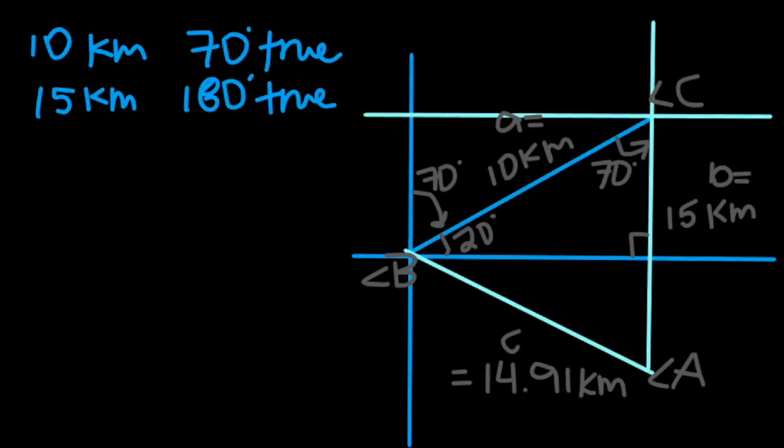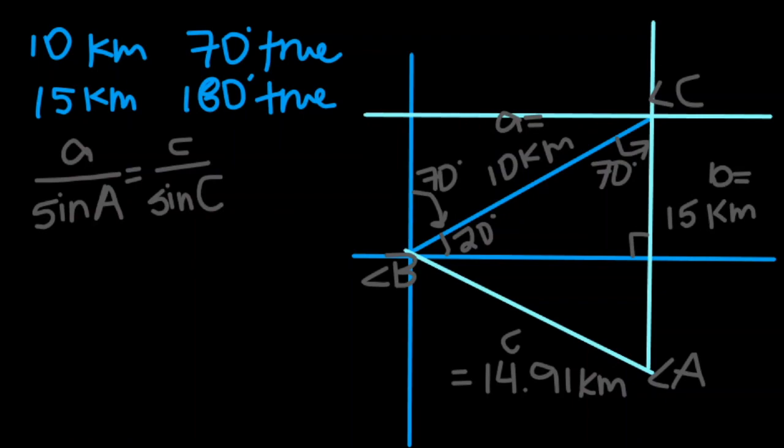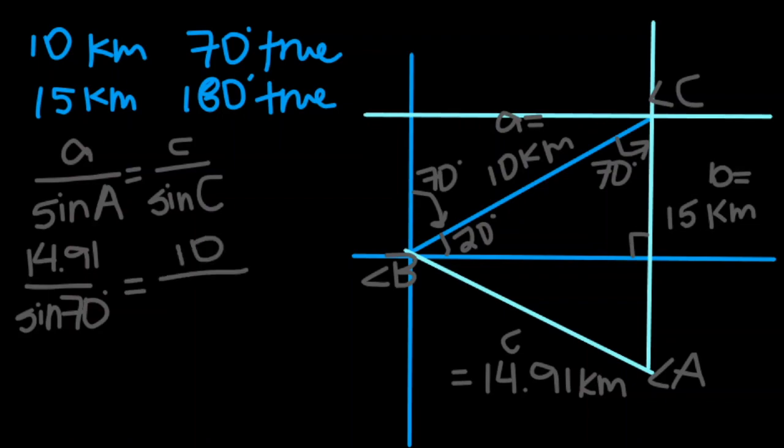So, what we have to do is the law of sines, which is A over sine A equals side C over sine angle C. Now we know the length of side C, which is 14.91 kilometers, over the sine of 70 degrees, because that is the measure of angle C, equals 10 kilometers, because that's the length of side A, over the unknown sine of angle A.